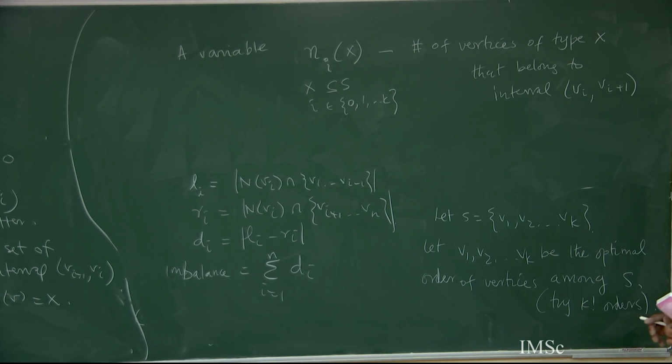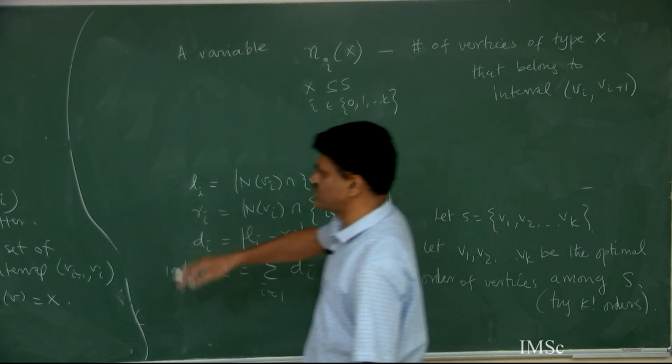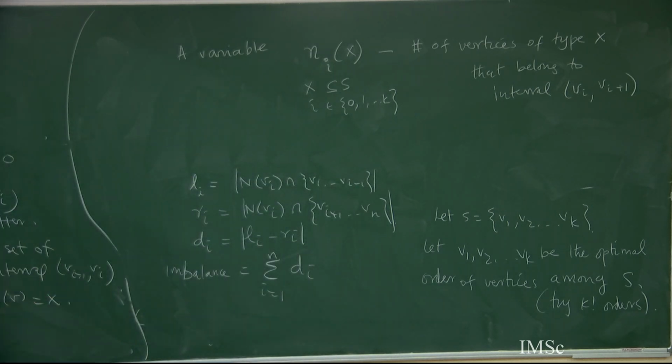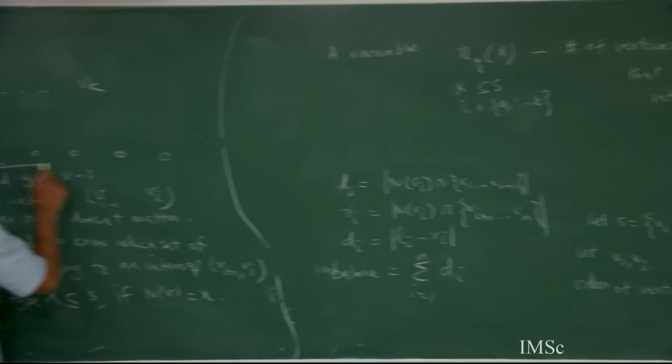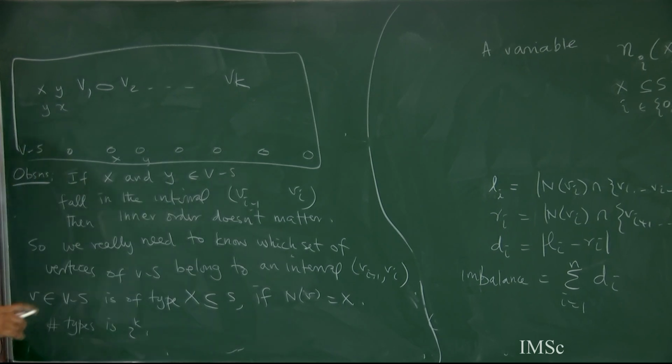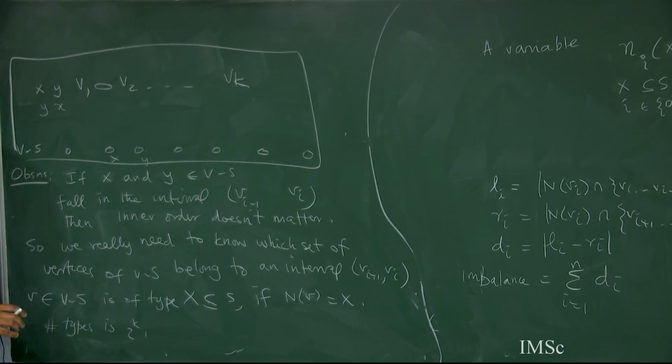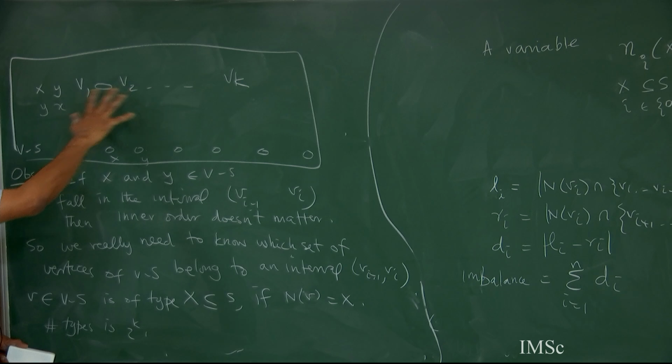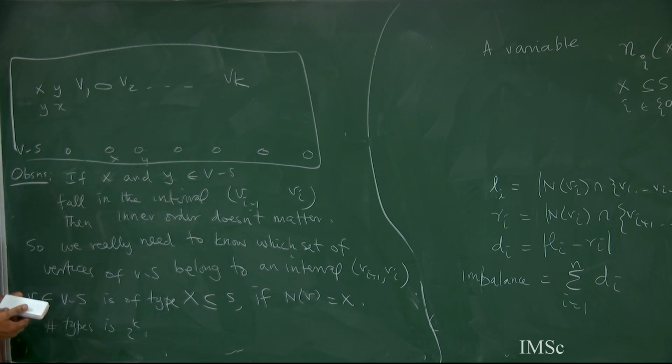All I have said is, from these observations which I did not really write completely properly, I have my graph, and I have fixed an optimal ordering for the vertex cover set V1 to Vk. I have to now place these guys in any of these intervals. What do I really care about?